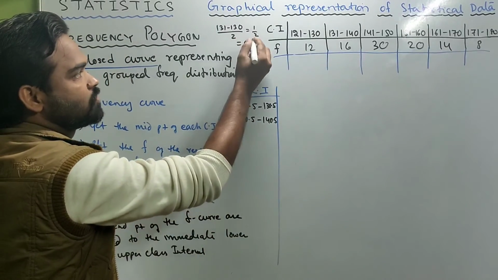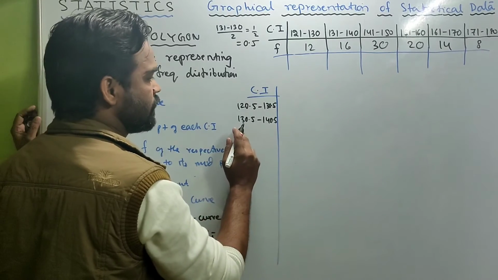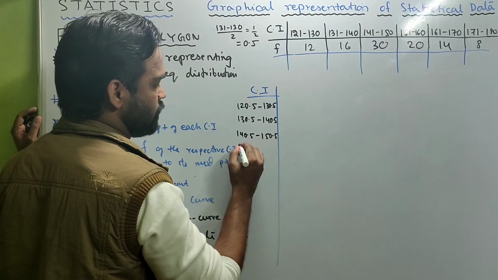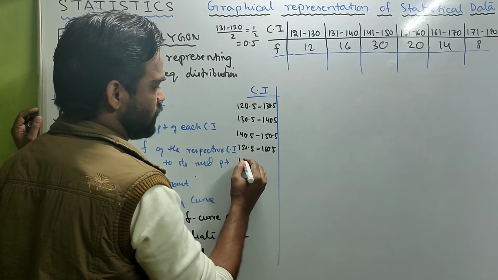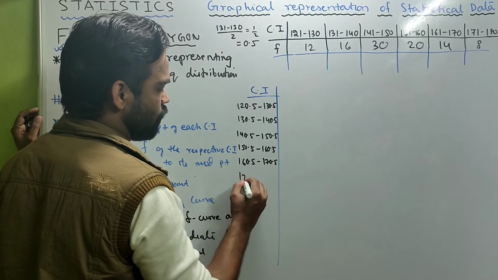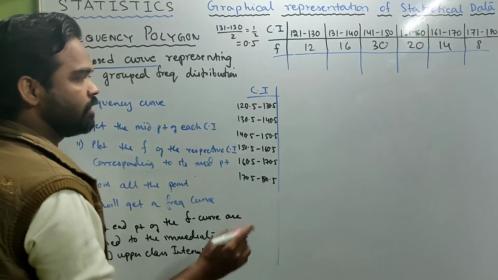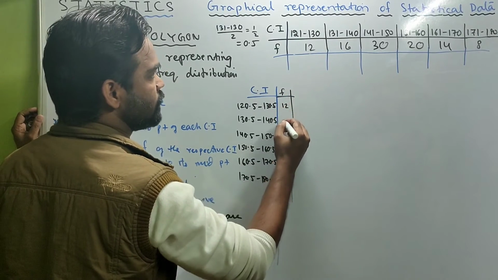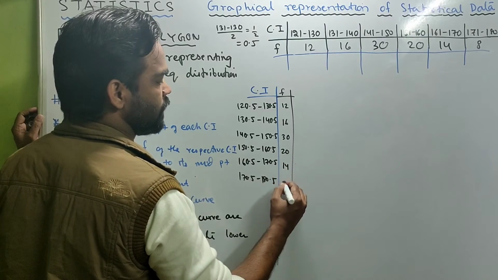The adjustment factor is 0.5; we subtract from the lower and add to the upper limit. Then 140.5 to 150.5, 150.5 to 160.5, 160.5 to 170.5, 170.5 to 180.5. It's continuous. Am I clear? And the frequencies given to us are 12, 16, 30, 20, 14, 8.